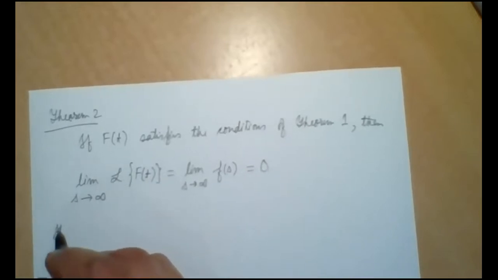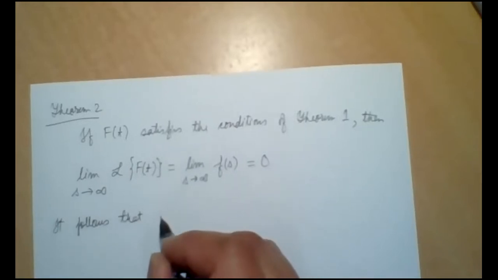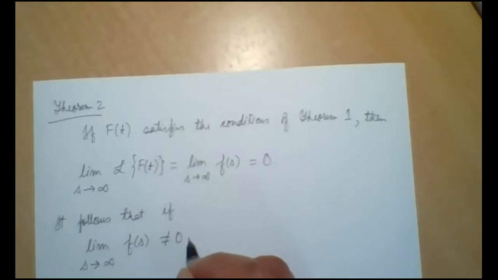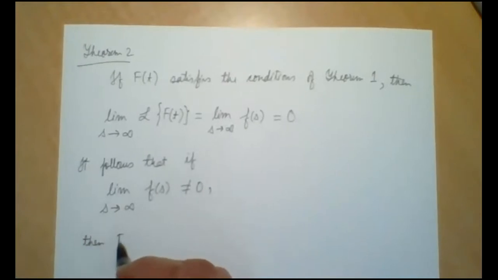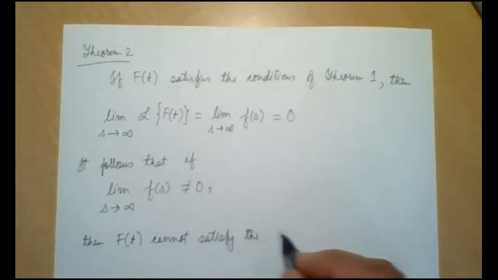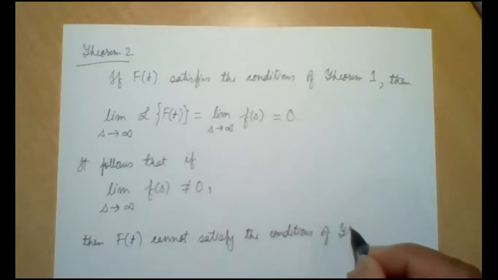It follows that if limit s tends to infinity, f of s is not equal to 0, then f of t cannot satisfy the conditions of theorem 1.